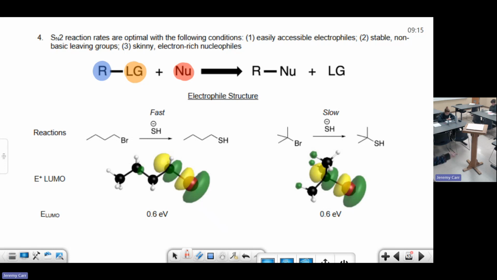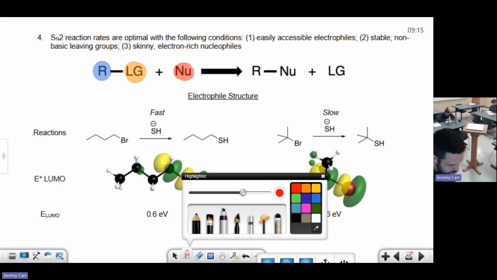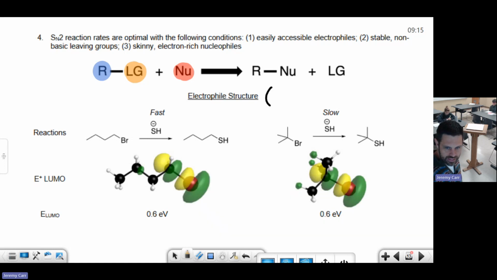And the reaction rate here, when we're talking about the electrophile structure, what we're really getting at is that we want to know, is this a primary? Is it a secondary? Is it tertiary? That's what we're getting at with these types of problems. All right, so when we deal with the electrophile structure, let's apply our convention to this.